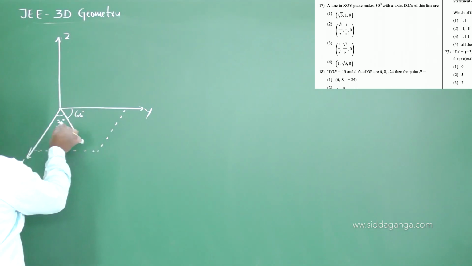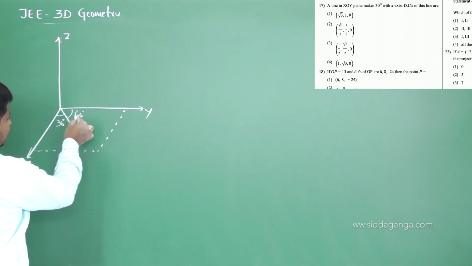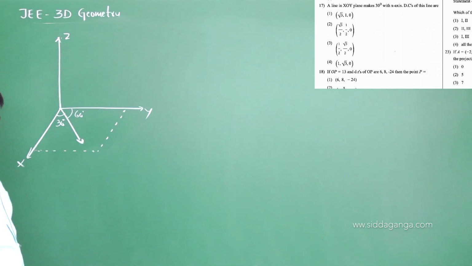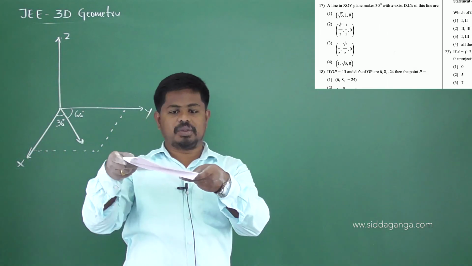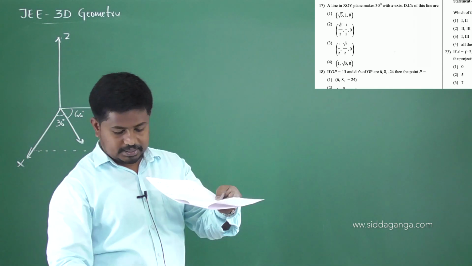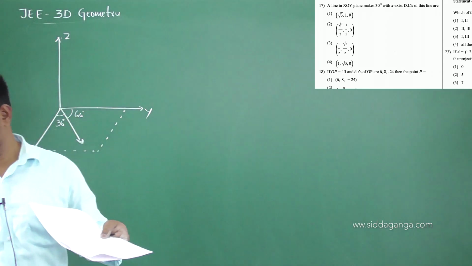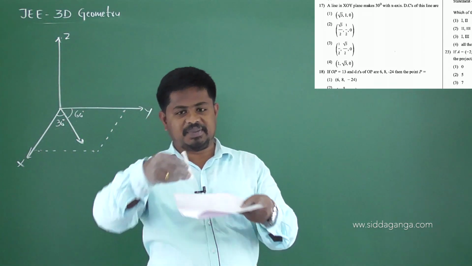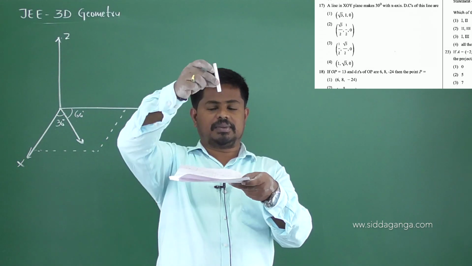If this line makes 30 degrees with the x axis, it makes 60 degrees with the y axis. What about the angle between the z axis and the line? So this is the xy plane, and then your z axis becomes like this, perpendicular to the xy plane.